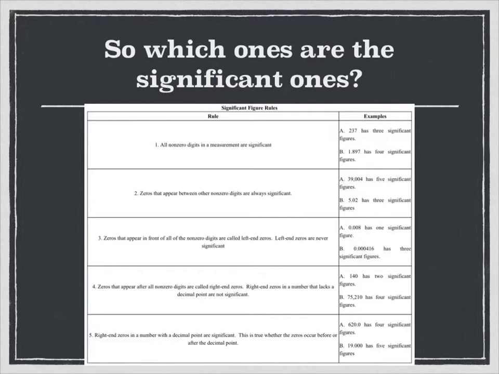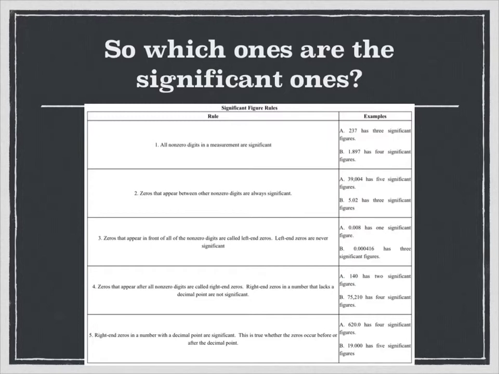Zeros that appear after non-zero digits are called trailing zeros, and trailing zeros in a number sometimes are significant, but a lot of times they are not. So in this case, 140, there's only two significant figures, unless, of course, it is an exact measurement. You can still convert that to scientific notation and only have two significant figures.